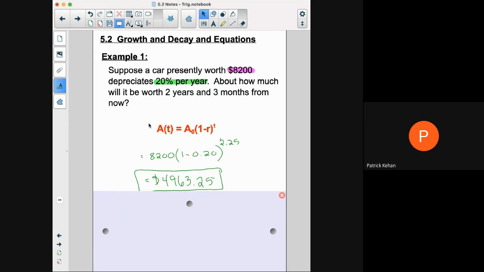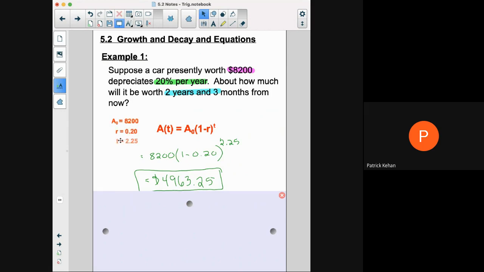And about how much will it be worth in 2 years and 3 months, right? So this is our time. The key thing, too, when you're looking at this is you always want to make sure that the unit of measure you're going to use for time matches the unit of time measured in the growth or decay rate listed right here. So we have A sub 0 is 8,200.